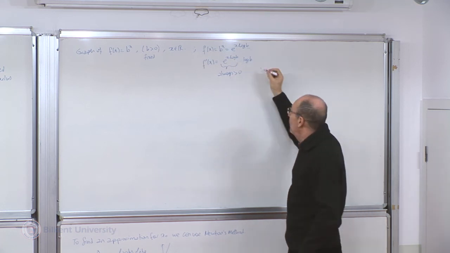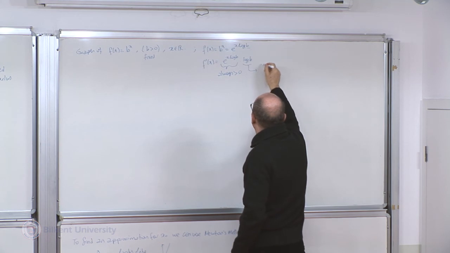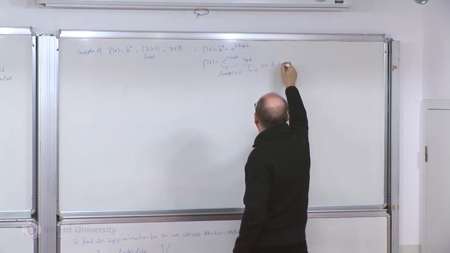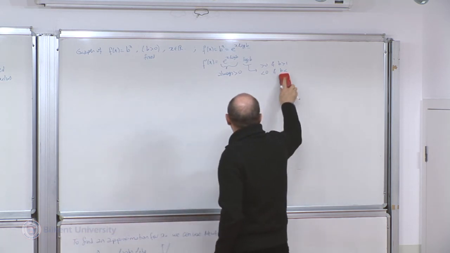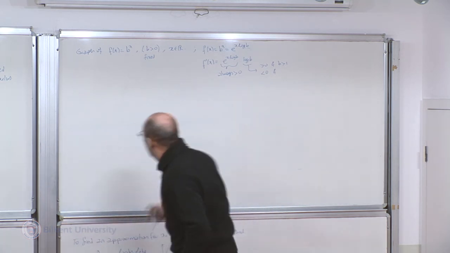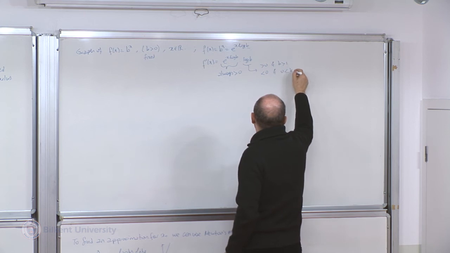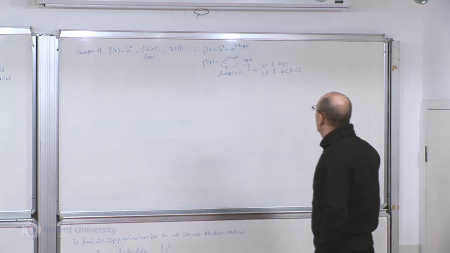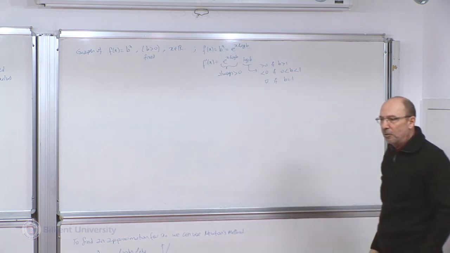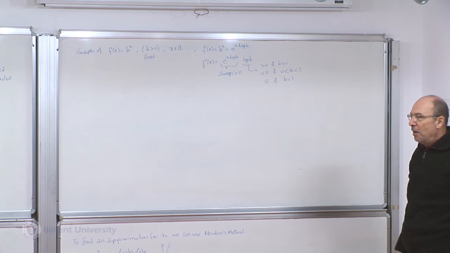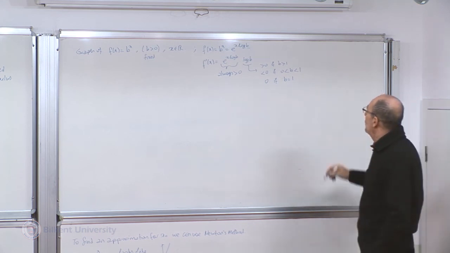So this thing is positive if b is larger than 1, negative if b is less than 1. Actually, let me emphasize that we are only looking at positive b. So it is negative if 0 less than b less than 1, and this is 0 if b equals 1. That tells us what the function is doing.